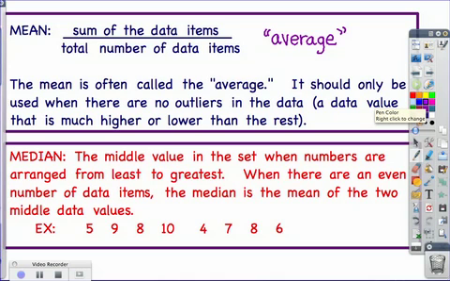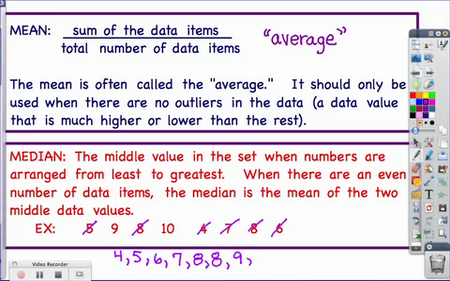So our smallest number would be 4, followed by 5, followed by a 6, and then a 7. We have 2 8s, a 9, and a 10.